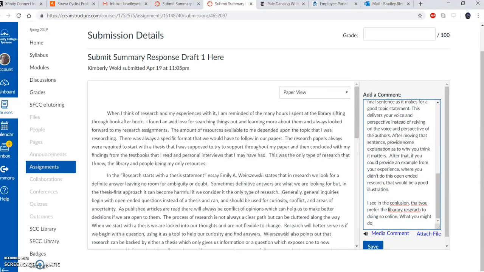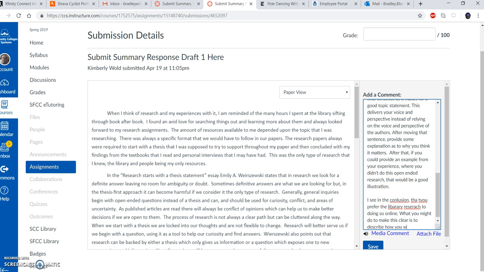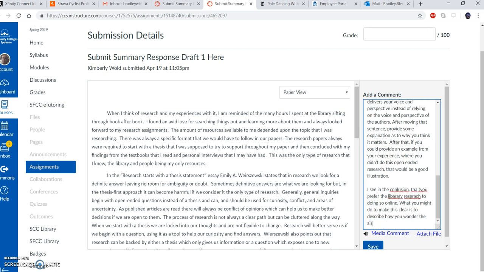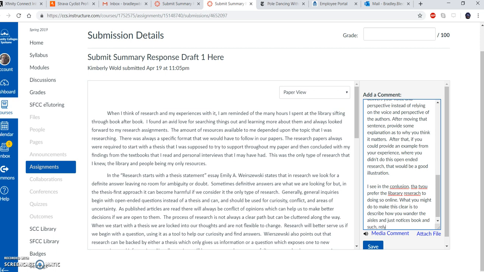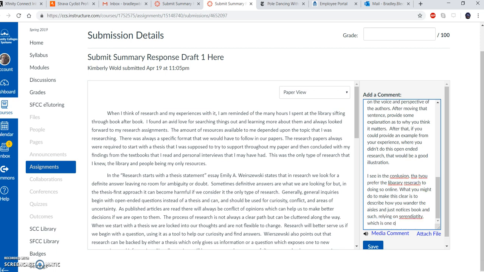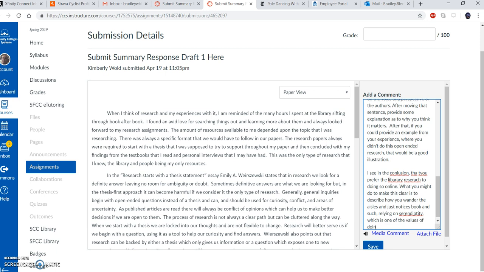What you might do to make this clear is to describe how you wander the aisles and just notice books and such, relying on serendipity, which is one of the values of doing that sort of research. That's something we don't get when we research online. We don't get to see a book next to another book kind of thing.